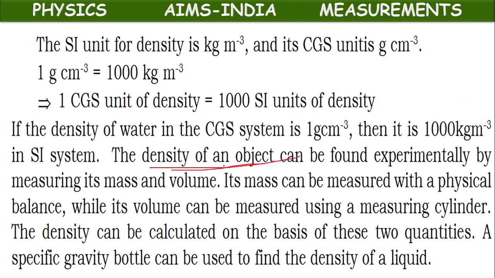How do we find the density of any object, children? We can find it experimentally with the help of mass and volume. Mass is measured by a physical balance for accurate measurements, while volume can be measured with the help of a measuring cylinder, pipette, or burette. Depending on these two values, density can be calculated by taking their ratio.